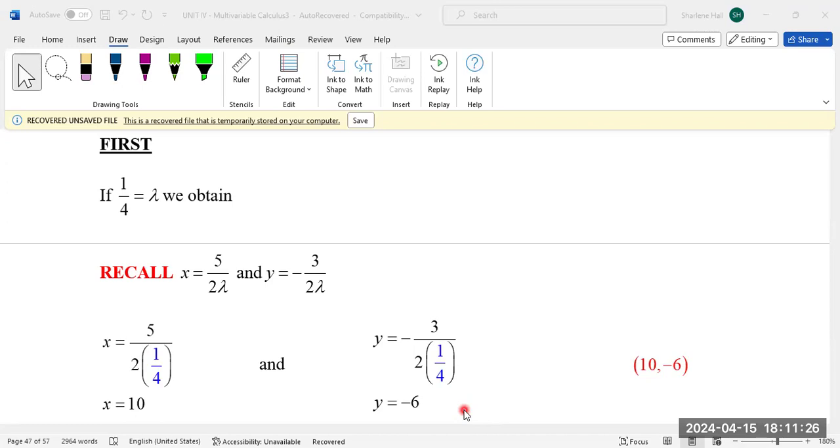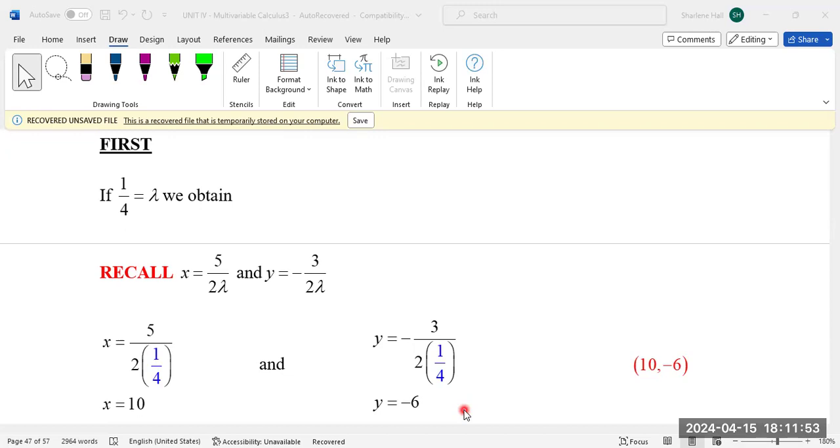Okay, you got a 10? Yes, sir. Good job. And of course, you can do the other one: negative 3 divided by 2, open bracket, 1, ABC 4, close bracket, equal. Okay, sir, thanks. Good job.